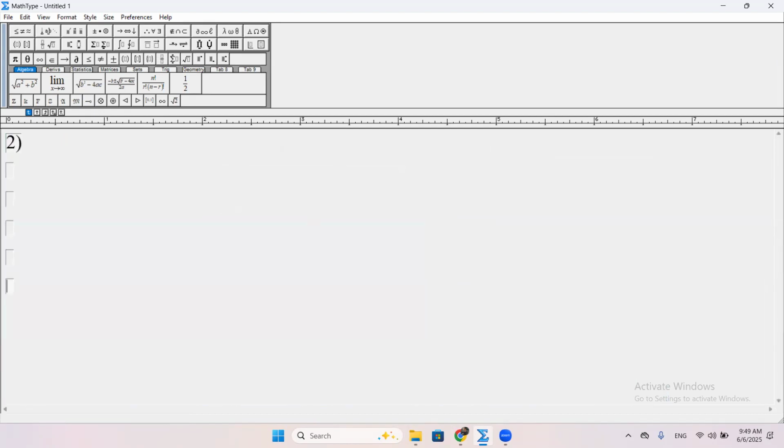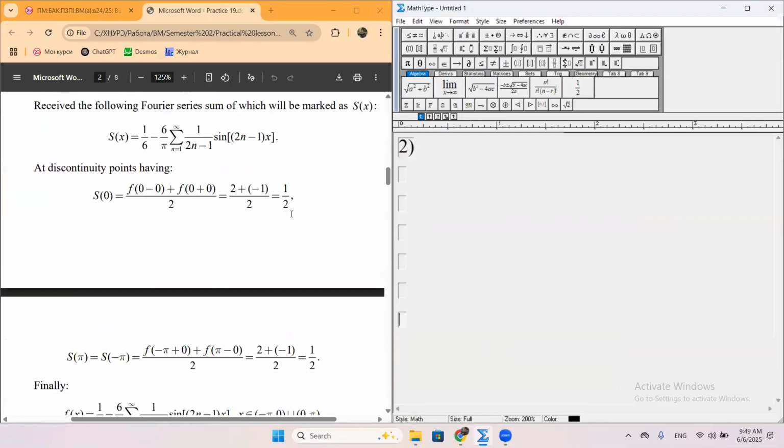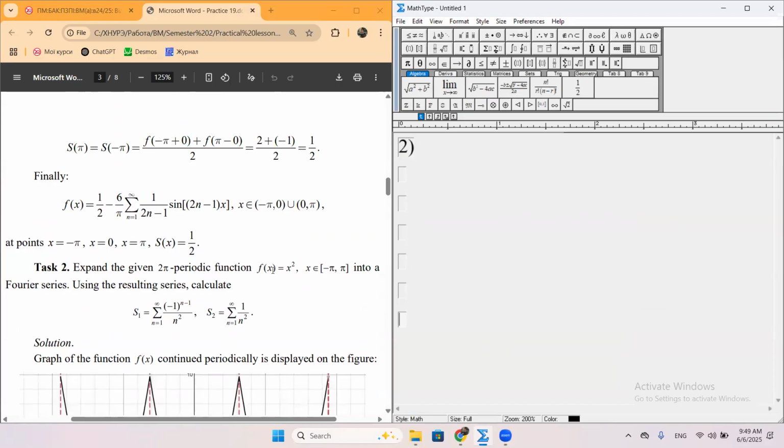So exercise 2. We will have to expand the function f from x equals x squared, and we will continue it with period of 2p. So expand this function into a Fourier series, and with the received series we will calculate sums of numerical series.